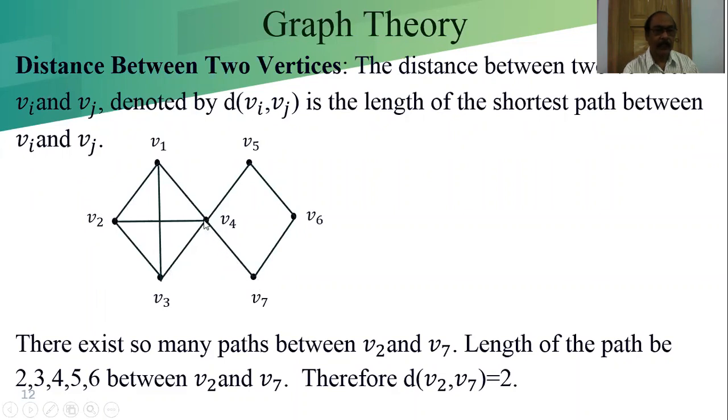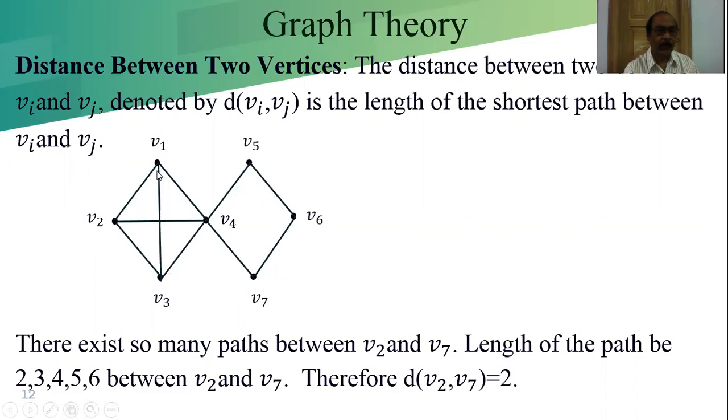Now if we consider this way, the length is 4. Now if we consider this way, 1, 2, 3, 4 and 5, in this case the length is 5. Suppose V2, then V1, then V3, then 3, 4, 5, 6 and 7.